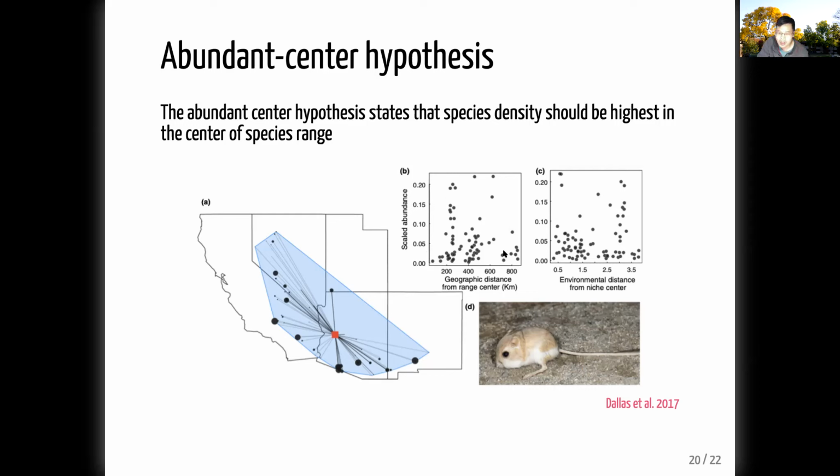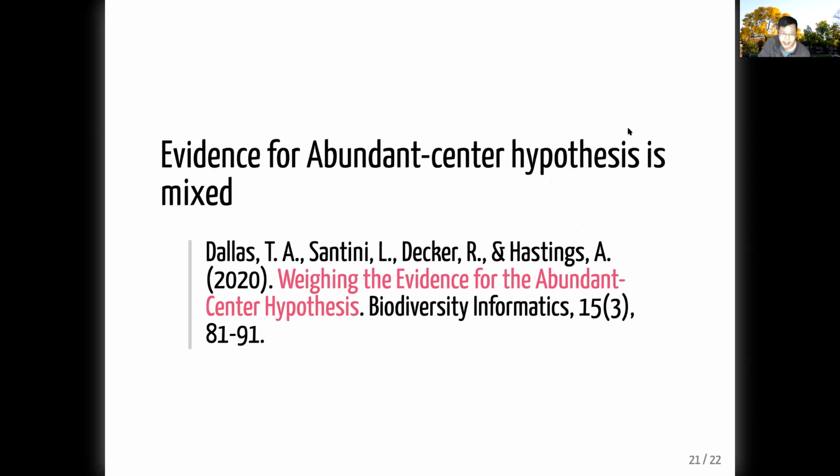So if we plot this abundance against the distance, and if we have a negative relationship, which means the closer you are, the higher the abundance, it's going to give us support for this abundance center hypothesis. And I think in Tad's paper, he didn't find strong support for this hypothesis.